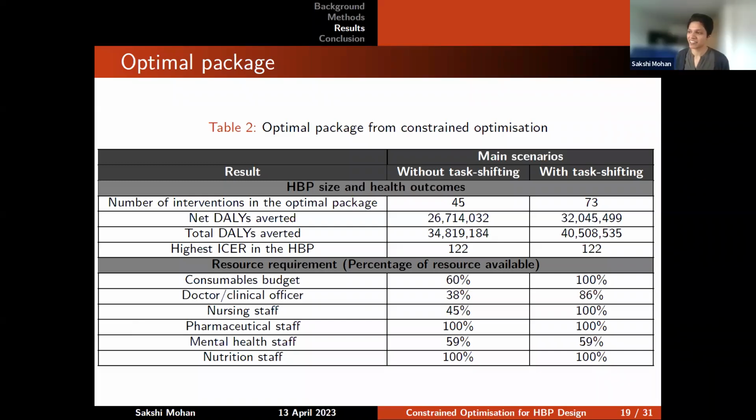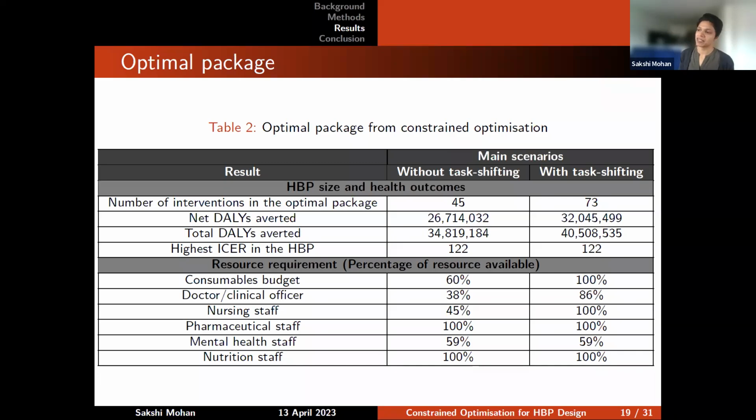Yeah, thanks for the question, Abdullah. That's a really good question. Like I mentioned, even in the task shifting scenario, the only assumption that we made was that the time required from pharmacists and nutrition officers can be transferred to nursing staff. That meant that once all of these cadres get utilized fully, there is still a binding constraint in the system.